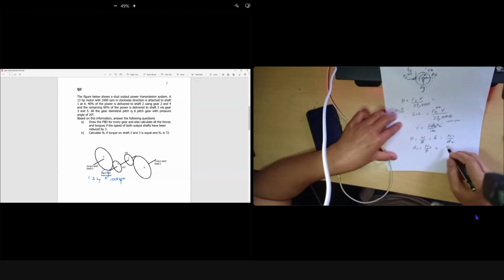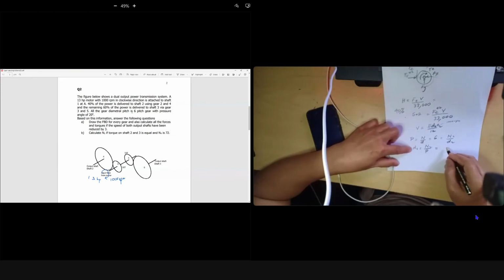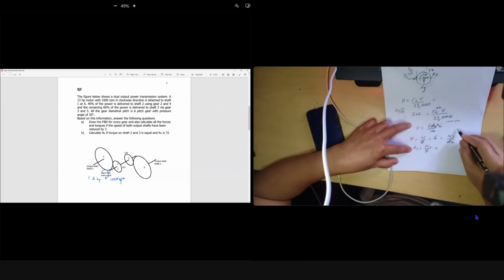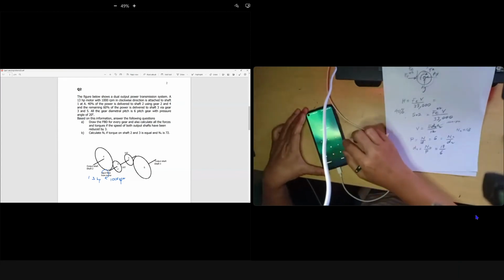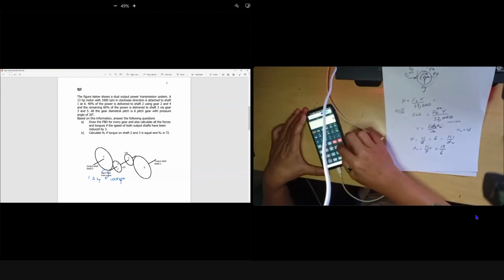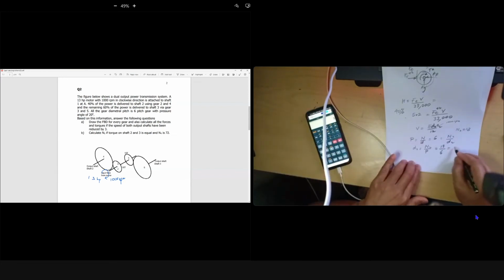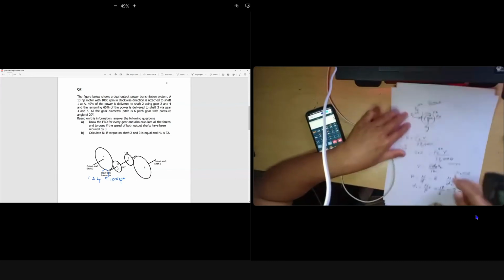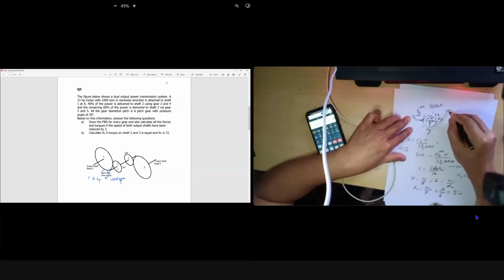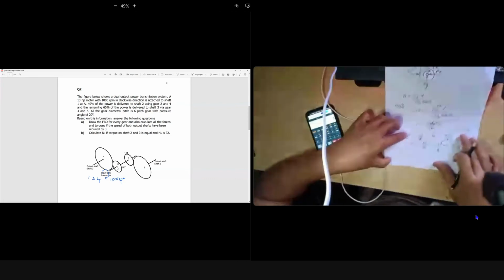N2, the number of teeth of gear 2, is 18, so 18 over diametrical pitch 6. 18 divided by 6 is 3 inches. So the diameter is 3 inches, and now we know the diameter, so you can get your V.